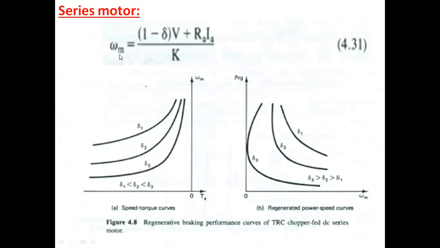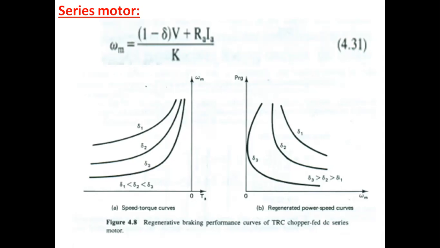Omega m is equal to (1 minus delta) into V plus Ra Ia, by K. Make it the 4.31 equation. And the generated power that we derived in previous classes, equation 4.30, the same can be used here also for generating the power.